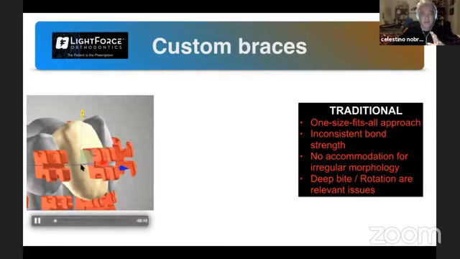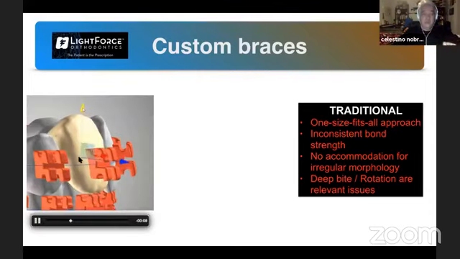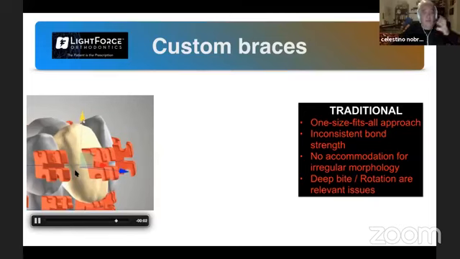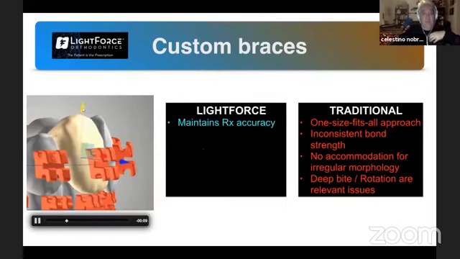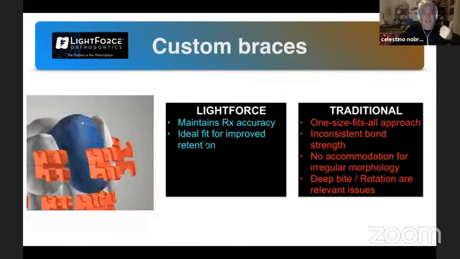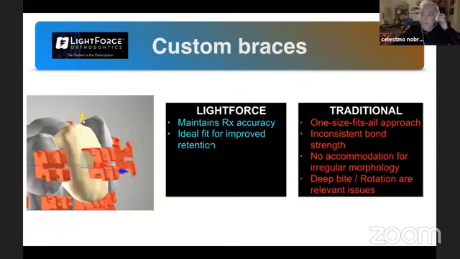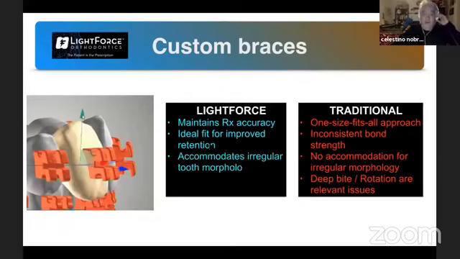I'll show you some videos. After doing my setup, we can create the bracket 100% customized.